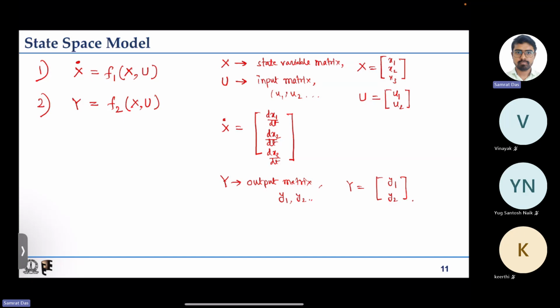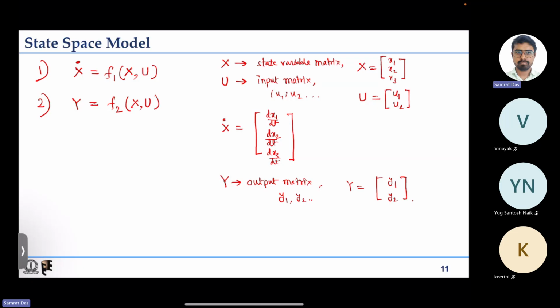Any model, when it is represented in this form of two matrix equations, is called a state space model. And there is a whole different algebraic or matrix manipulation for this representation of the system.